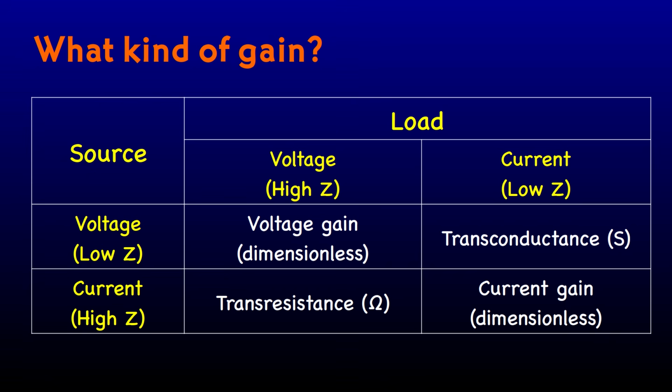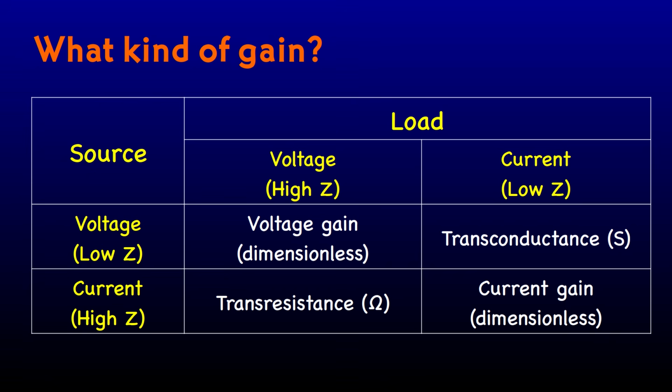Once we've boosted the current high enough, we can translate it to a voltage simply by adding a collector resistor. A single resistor to a fixed voltage is a transformer from current to voltage. When we consider the circuit as a whole, the output voltage becomes a linear function of the input current. The units are volts divided by amps, or ohms. And we've referred to the circuit performance figure as a transresistance.